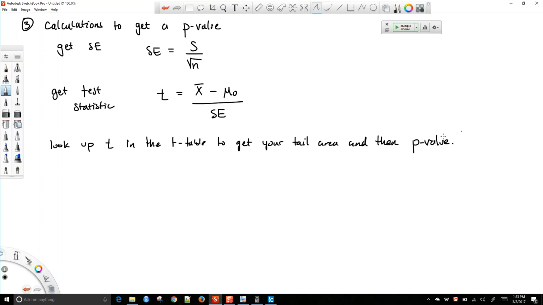All right, this step is significantly different, and I will devote the entire next slide to just doing this thing. Okay. And then once we get our p-value, compare p-value to alpha to make your conclusion.